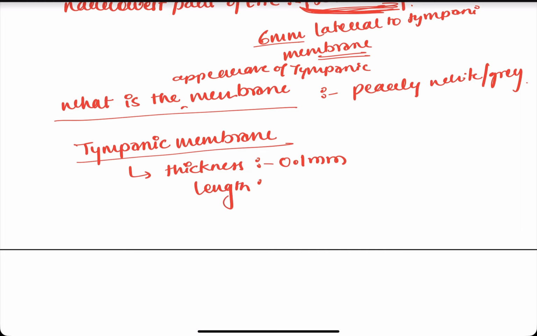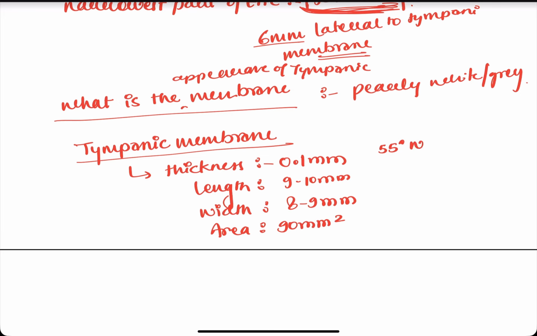Its length is 9 to 10 mm. Its width is 8 to 9 mm. Its area is 90 mm square, and it makes an angle of 55 degrees with the horizontal.